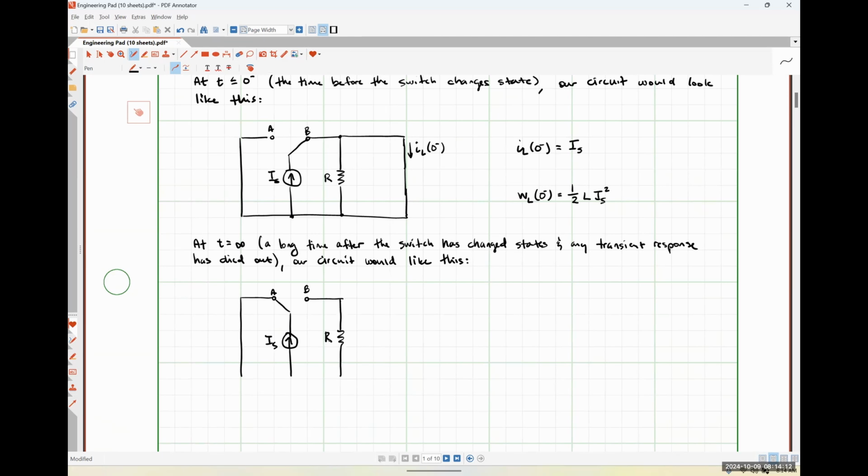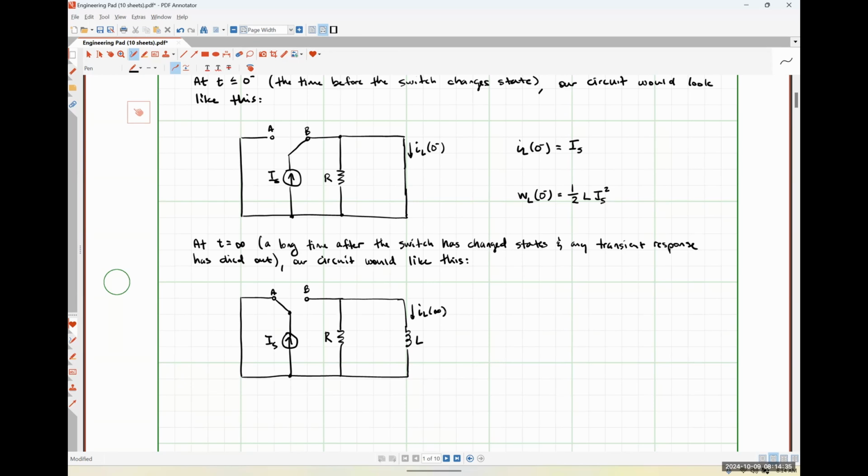Here's my resistor R. Here's my inductance L. Here's my inductor current, IL at infinity.